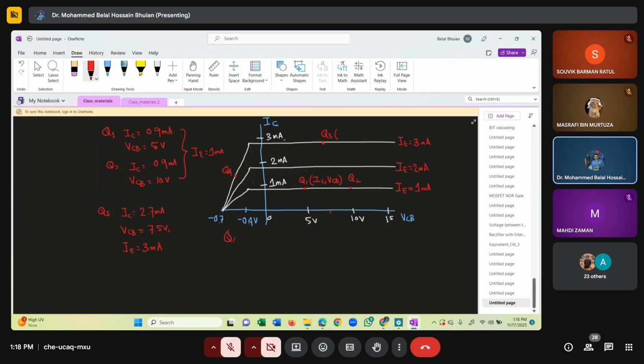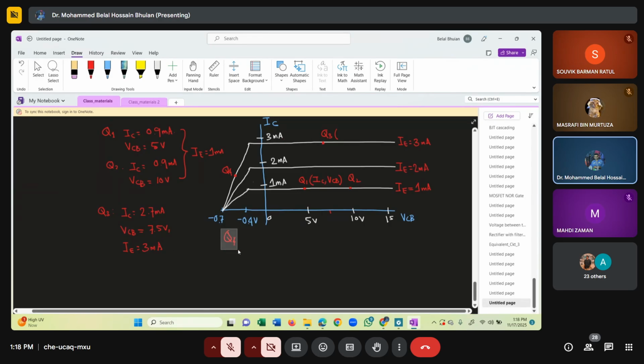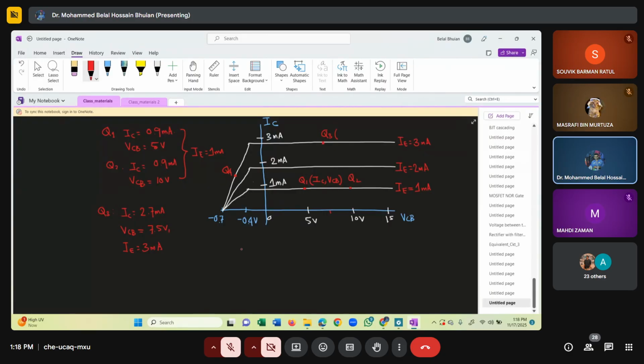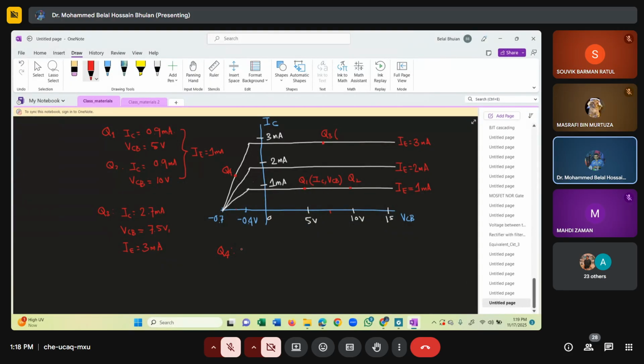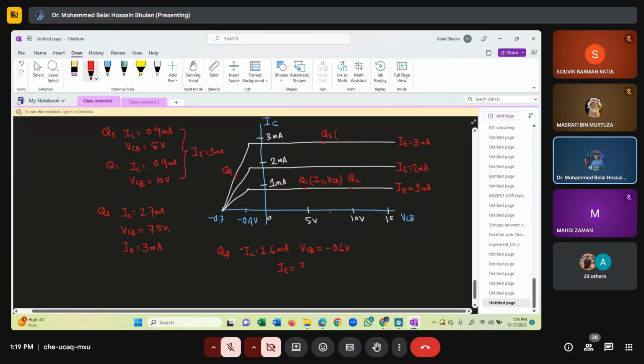For Q4, you can say IC is, let's say, 1.6 milliampere, and VCB is minus 0.6 volt, and IE is equal to 3 milliampere.